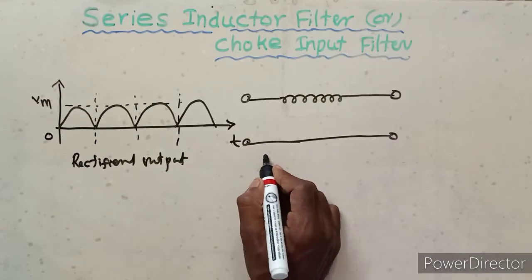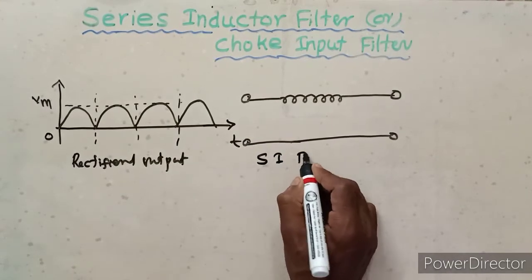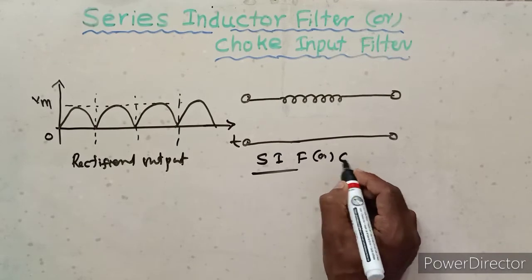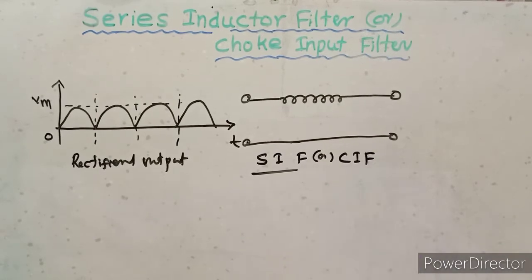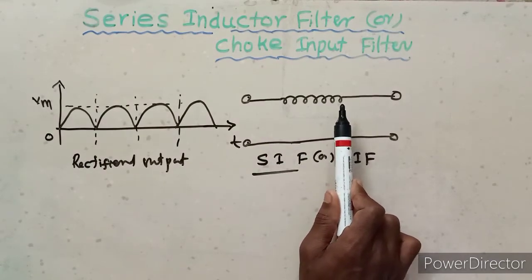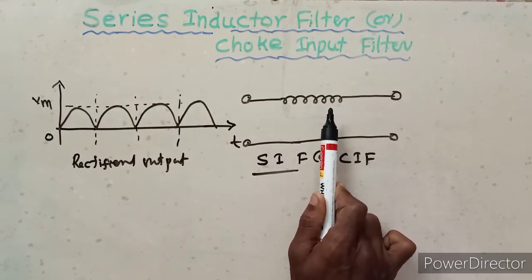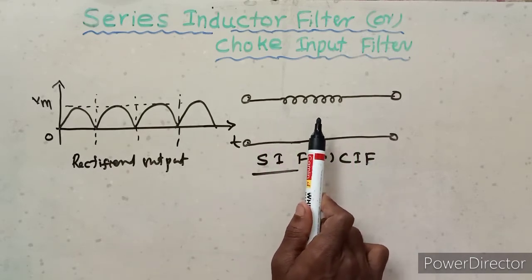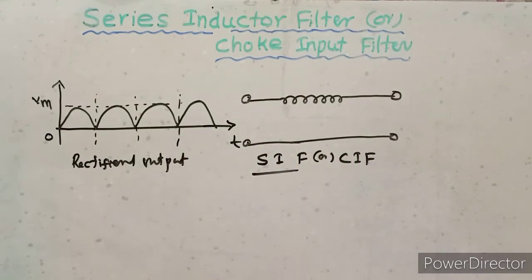So this is the series inductor filter or choke input filter. The inductor coil or choke is connected in series with the rectifier output.